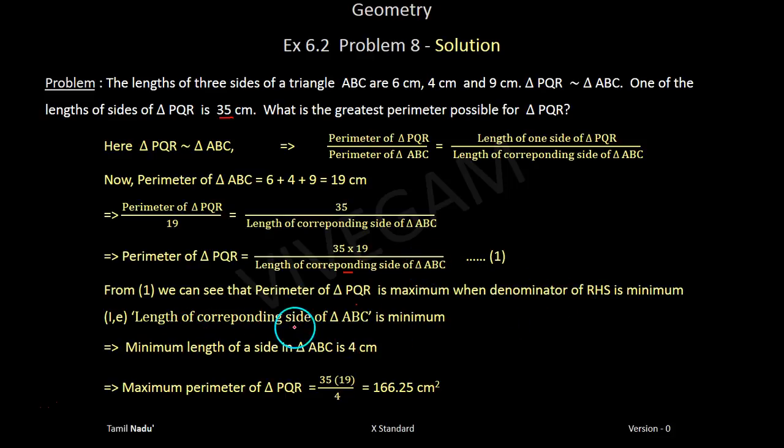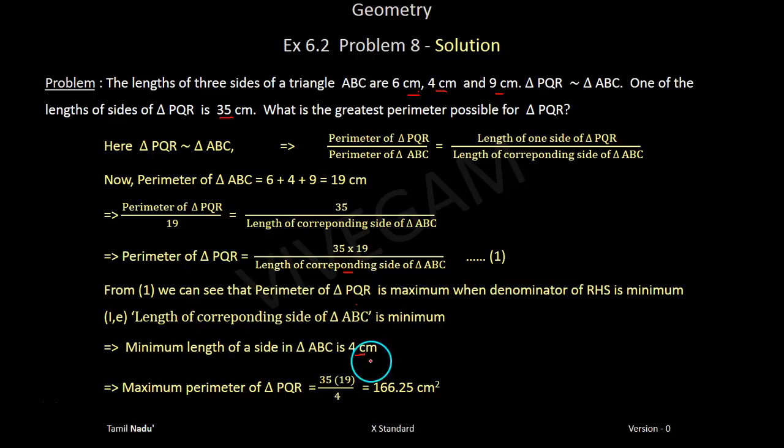That is, the length of the corresponding side of ABC is minimum. Now ABC has got only 3 sides, 6 centimeter, 4 centimeter and 9 centimeter. Which is the minimum? Minimum is 4 centimeter. So this 35 centimeter side of PQR must correspond to 4 centimeter. Then you will get the maximum perimeter.